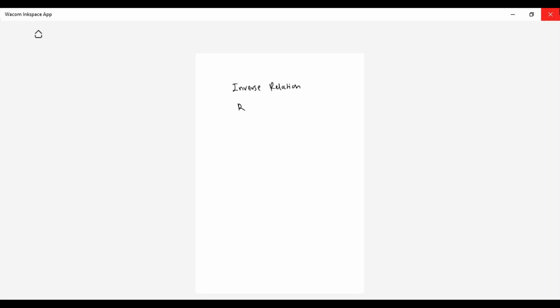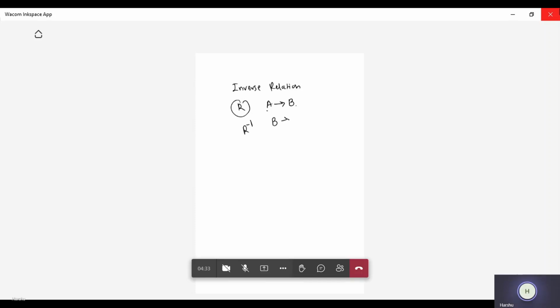Let R be the relation from set A to B. Suppose from set A to B we are having relation R. Then how will I denote the inverse relation? The inverse relation will be denoted by R inverse, and that relation would be from B to A, students.